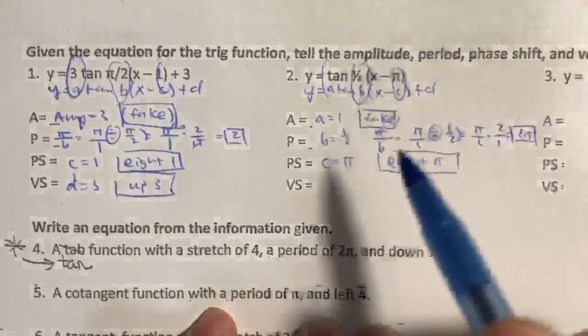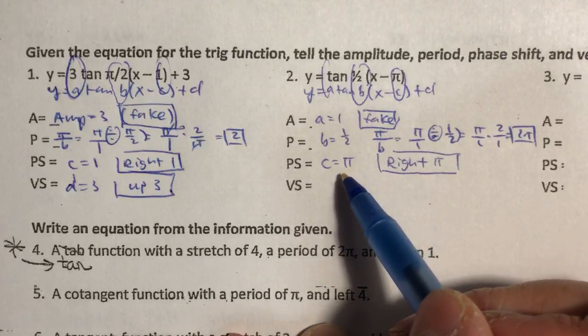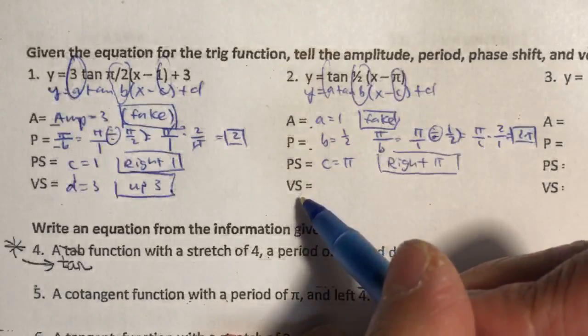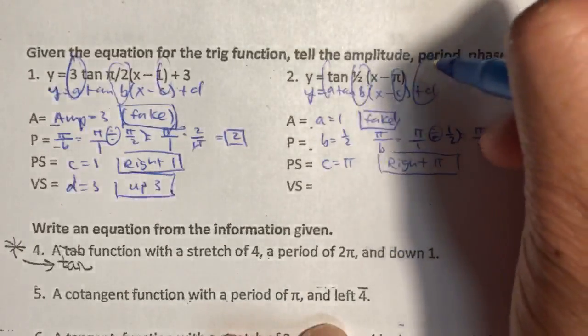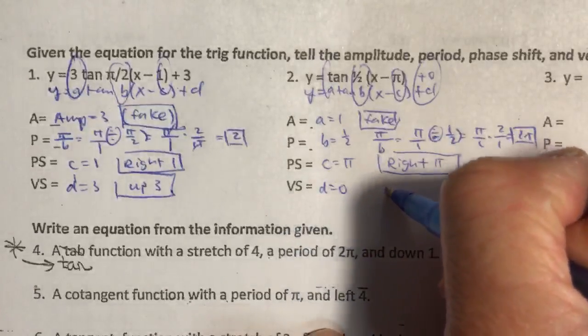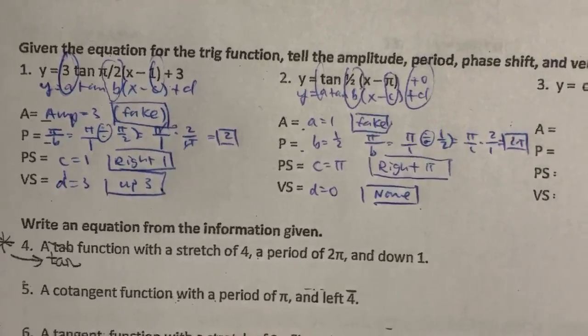Remember, another way of thinking about it is the c value is positive. And then the vertical shift is your d value, so there is no d value, so it's a plus 0. So d is equal to 0, so there is none. There is no phase shift.